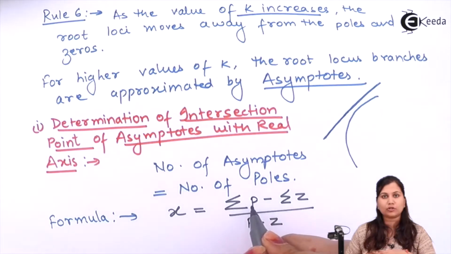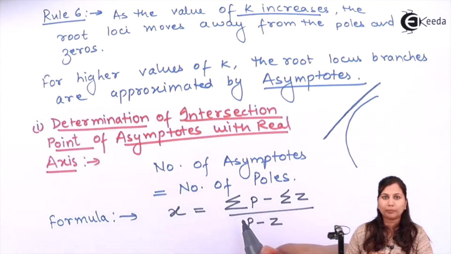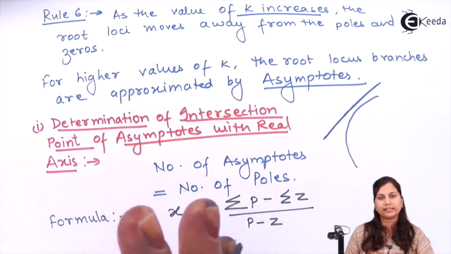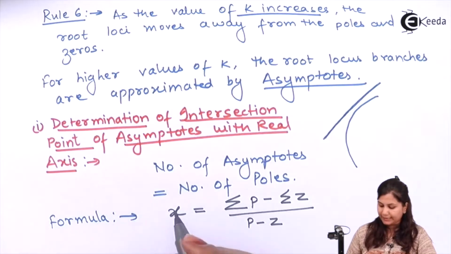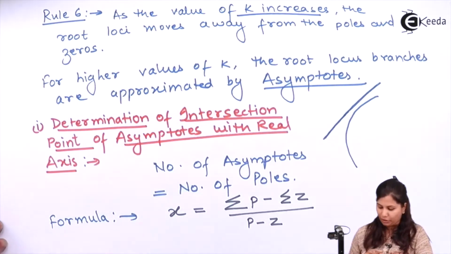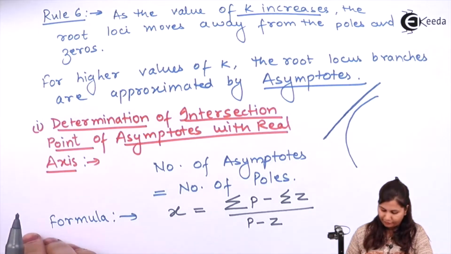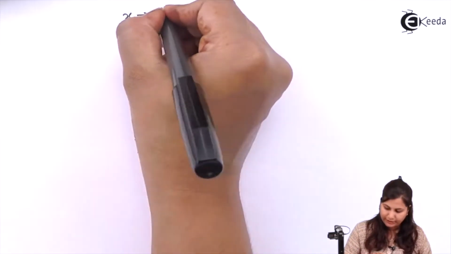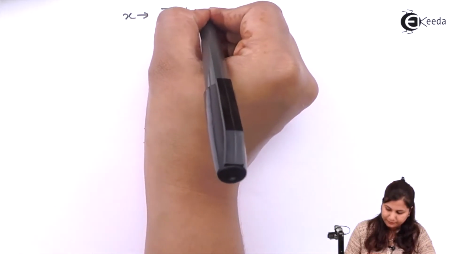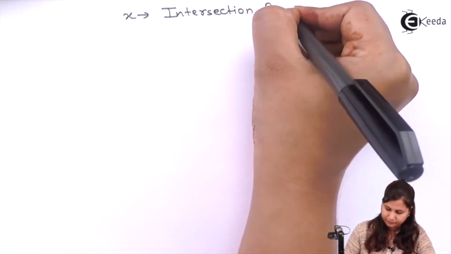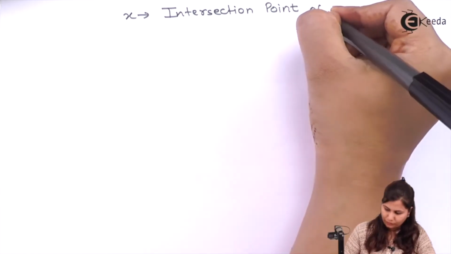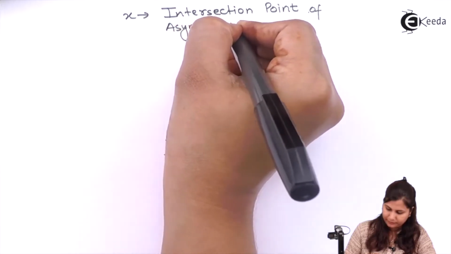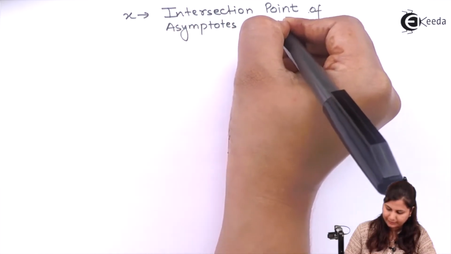Summation of P means you have to sum up the values of all the poles of the system, and summation of Z means you have to sum up all the zeros of the system. X is the intersection point of the asymptotes with the real axis.